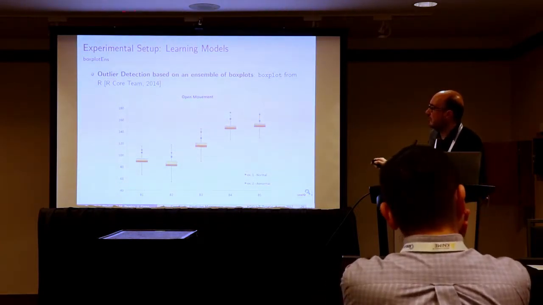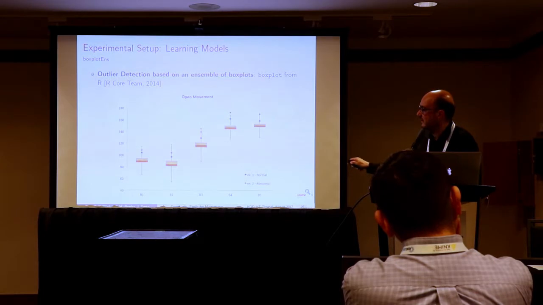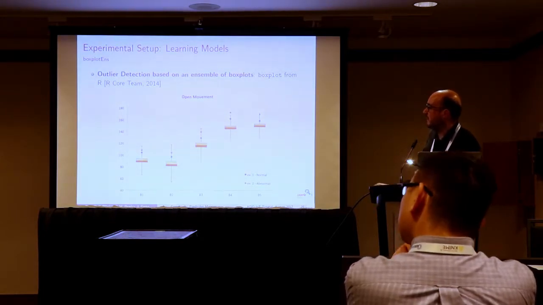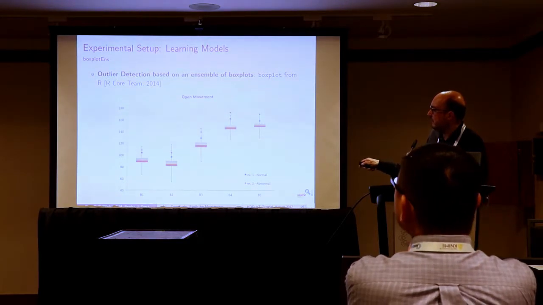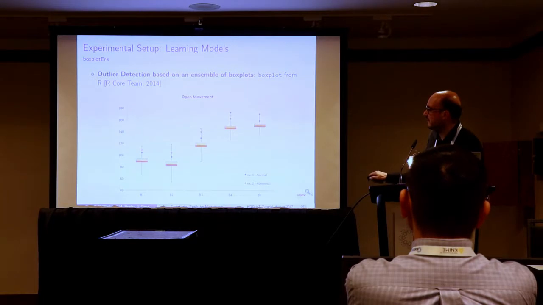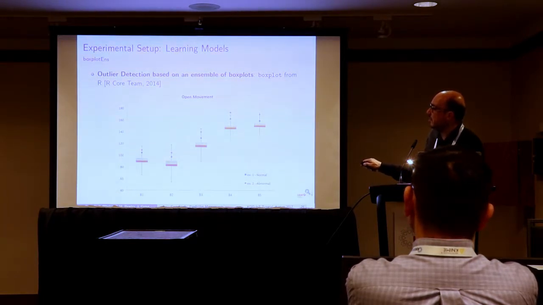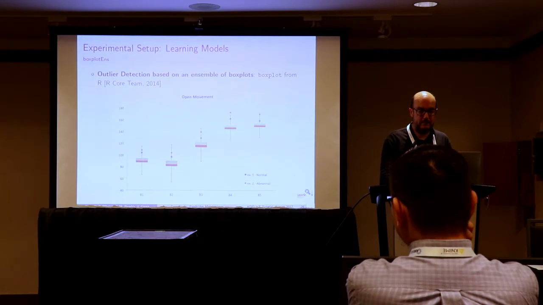If only one of these, in this case the red one, is an outlier, then we are going to consider that everything is abnormal. In the gray case, all are inside the normal condition, so we are going to consider that this example is normal. But this is only one of the bins, which is why we call it an ensemble of box plots. With only one, we are going to suppose that this is an outlier.